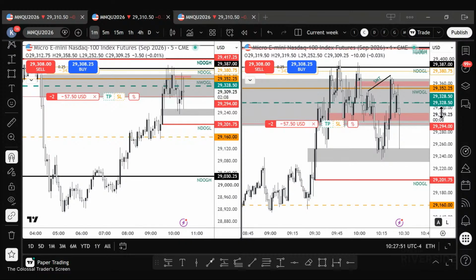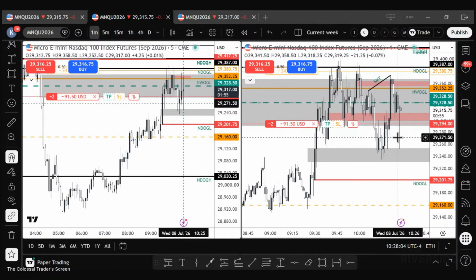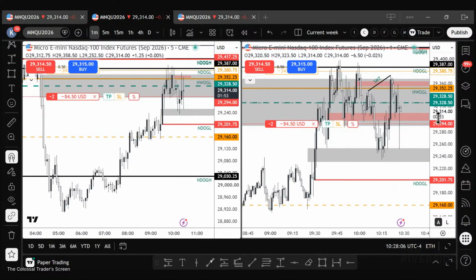I need a stronger close. It's not good. We need a strong close, not just wicks. Can you push? Give it towards Nasdaq.